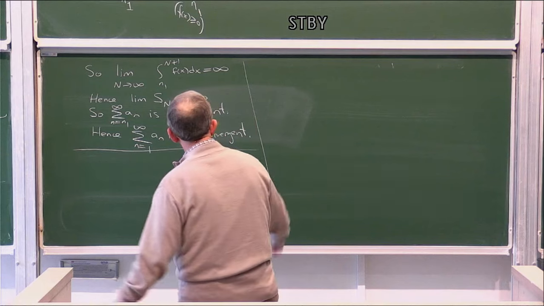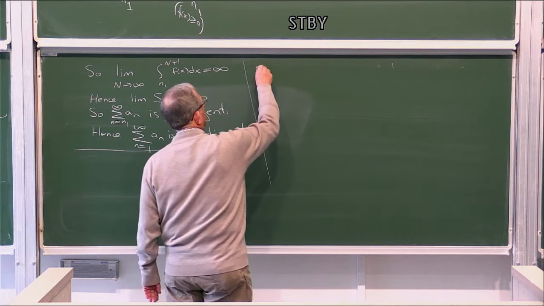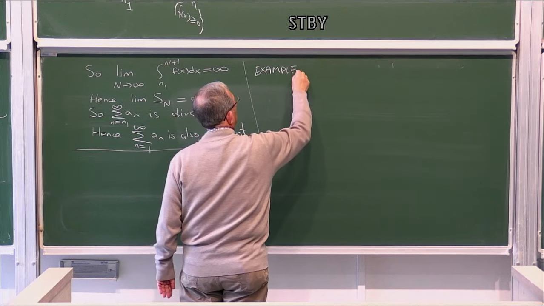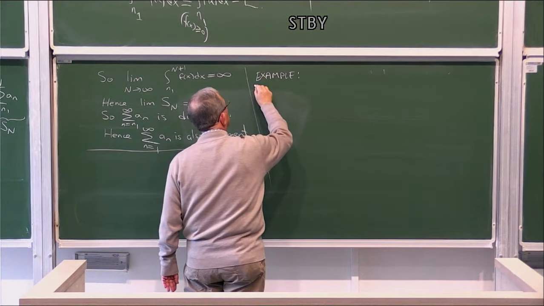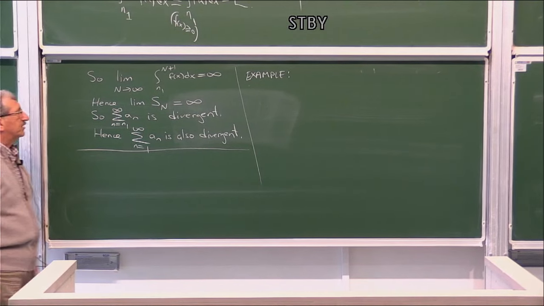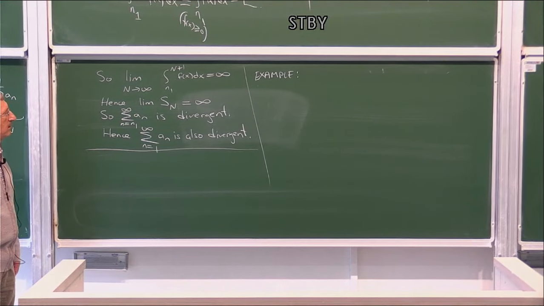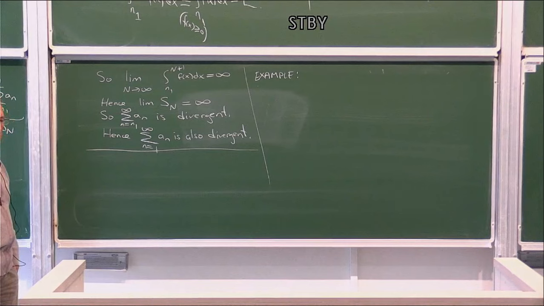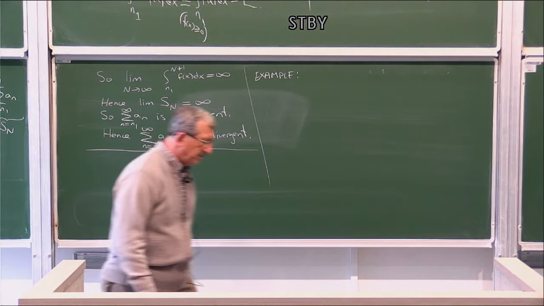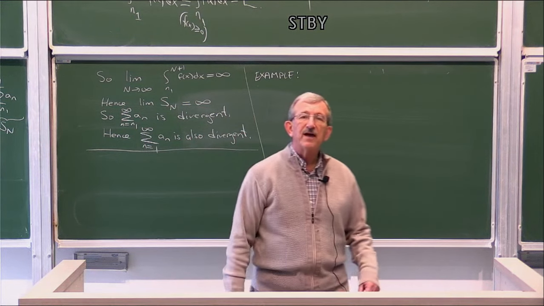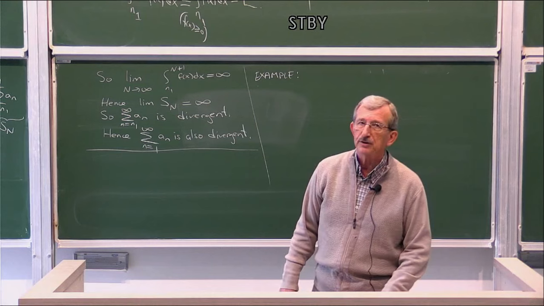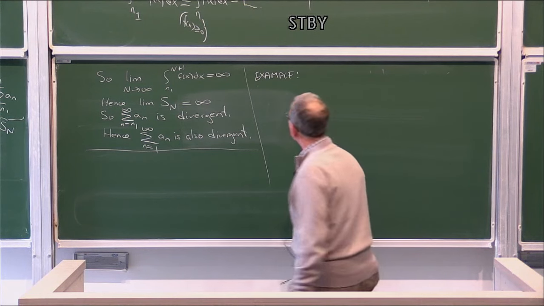Well, let us apply it to some example. Actually, this test is important in its own statement, but it's not that useful in practice, except in one case. We will consider that right away.